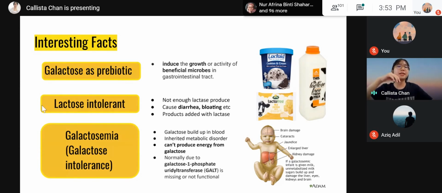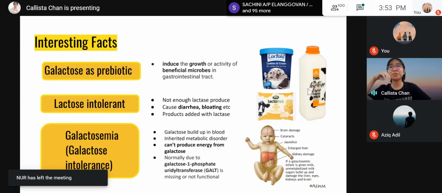The second one is lactose intolerance. There are actually people in the world that when they drink milk, they will suffer from conditions like diarrhea and bloating, and they will feel very uncomfortable. It's actually due to the fact that their body does not produce enough lactase. I'm not sure if you have heard of this, but I've never drunk it before, even though I always enjoy farm fresh milk.